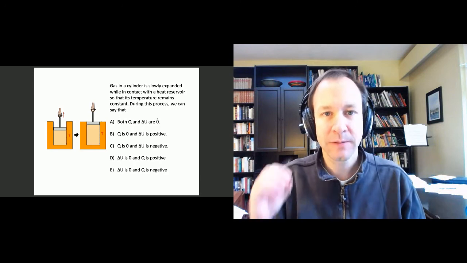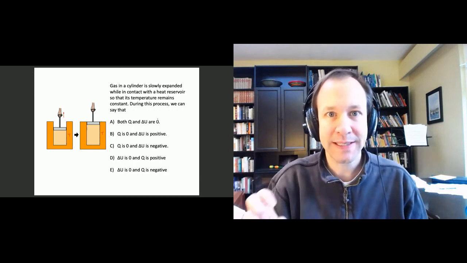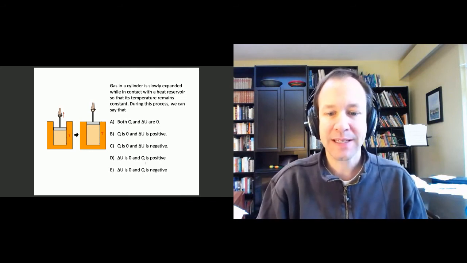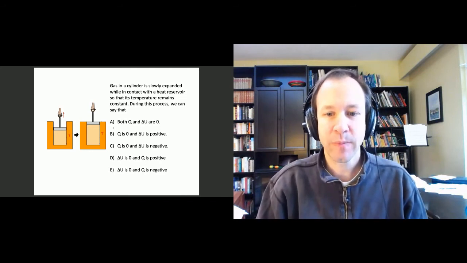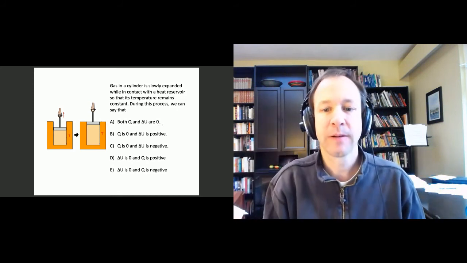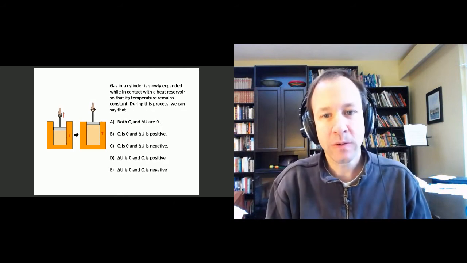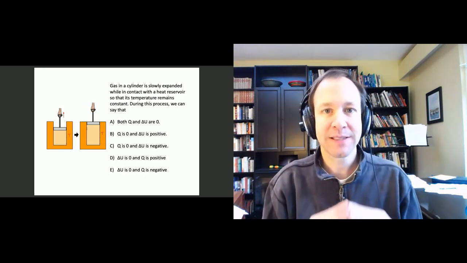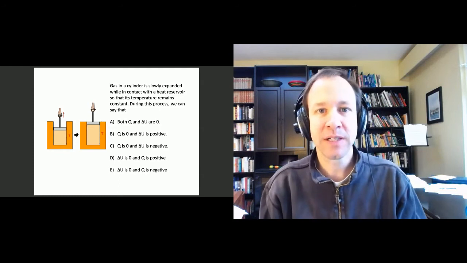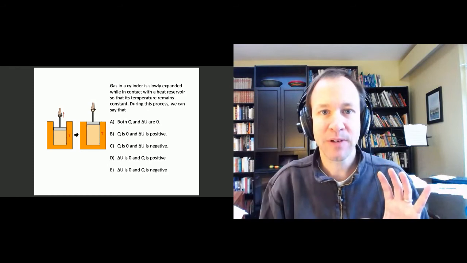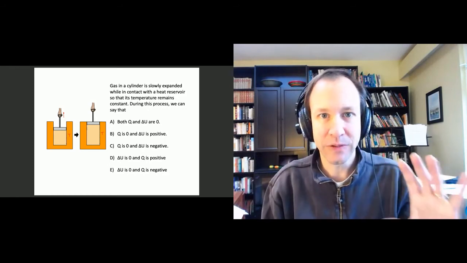So let's be clear on exactly what is equal to zero in this case. You might say maybe they're both equal to zero, but let's break it down and come up with an argument. The thing we know for sure, if you have constant temperature, is that delta U must be zero, because delta U is completely determined by the change in temperature in all situations, and the change in temperature being zero therefore means that delta U is equal to zero.